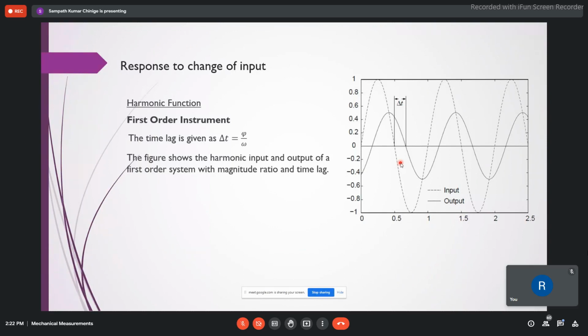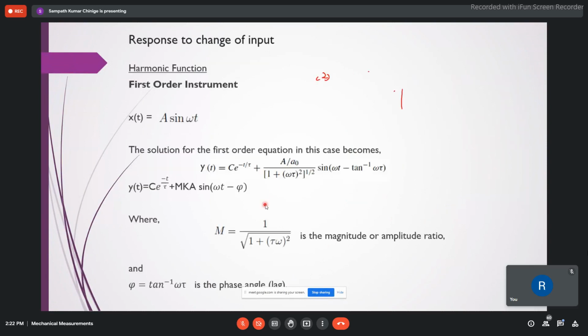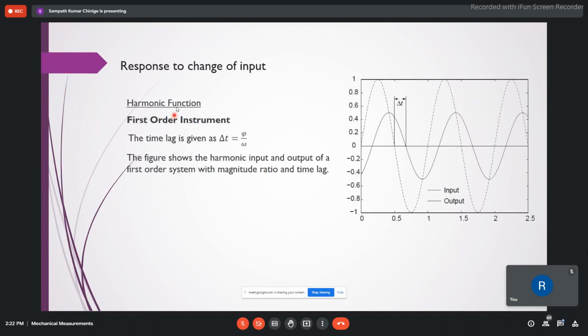Right. You can see over here the amplitude ratio of the output for a given input of A sine omega t. Your amplitude is reducing. Your amplitude is supposed to go from 1 to minus 1, so 2 peak to peak, but you can see here 0.4 to 0.8 is the amplitude.